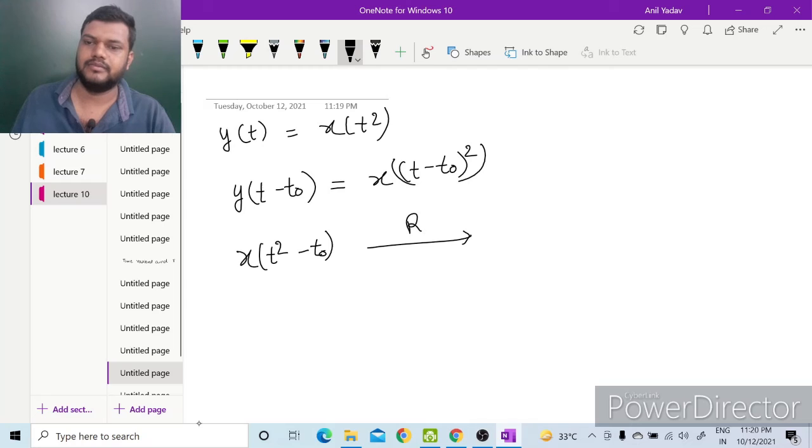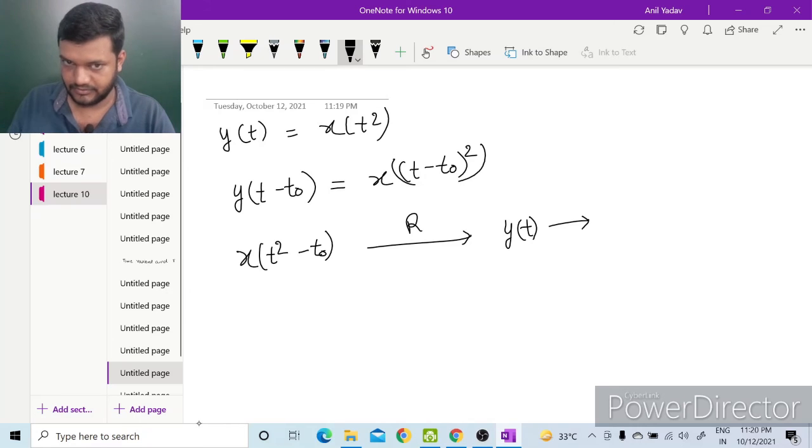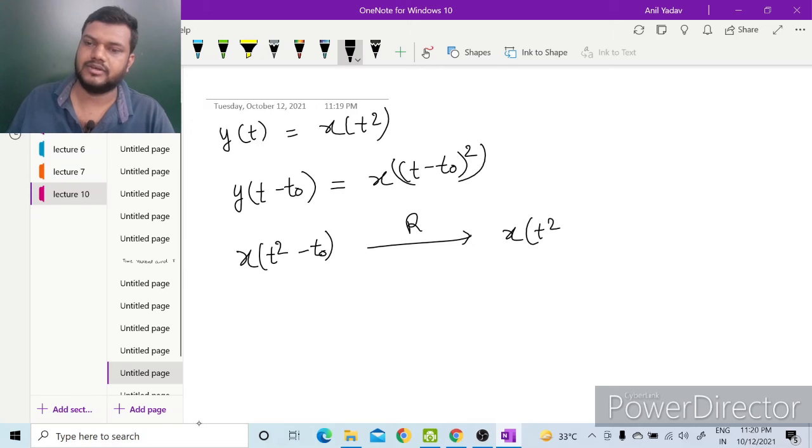What will be the response? The system squares the argument, so the response is x of t square minus t naught, with the argument t square minus t naught to the power 2. As we can see, these both are not equal, so the system is time variant.